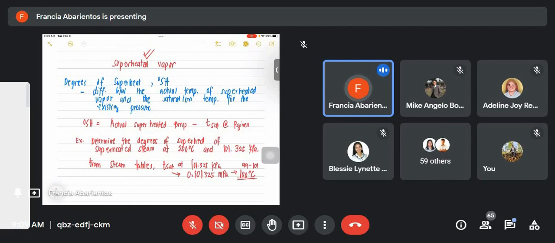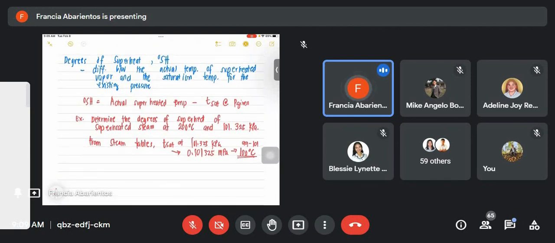So, paano natin makukuha yung degree of superheat? So, the degree of superheat, para ipakita ko lang sa inyo. We have the actual superheated temperature, 200 degrees Celsius, minus yung sa saturation temperature natin, which is equal to 100 degrees Celsius. So, we have now degree of superheat, which is equal to 100 degrees Celsius.